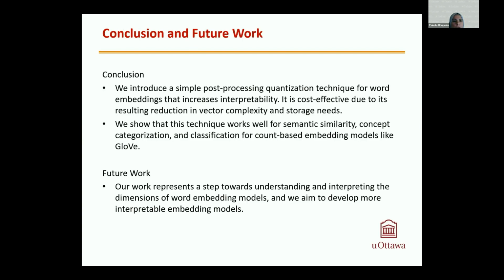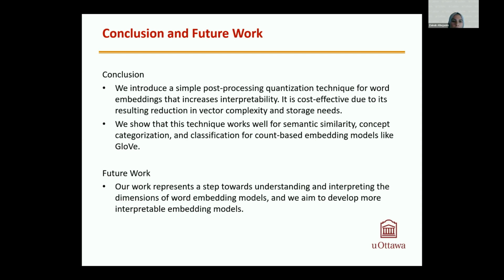So in conclusion, we introduced a simple and effective post-processing technique to enhance interpretability, and it also provides a comparable result with the original embeddings. It is cost effective because it's a binary representation. So this method could be used as a compression method to reduce the vector complexity and also the storage need.